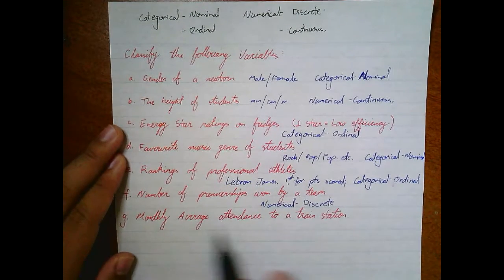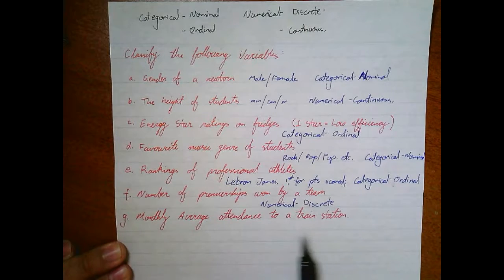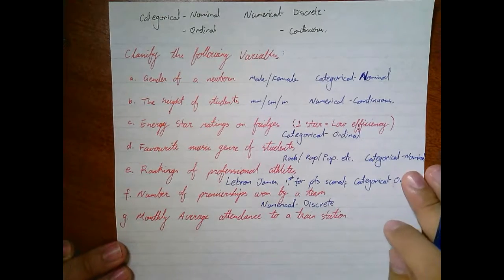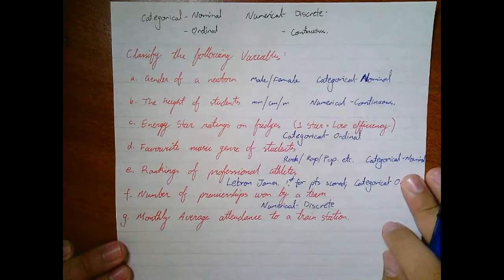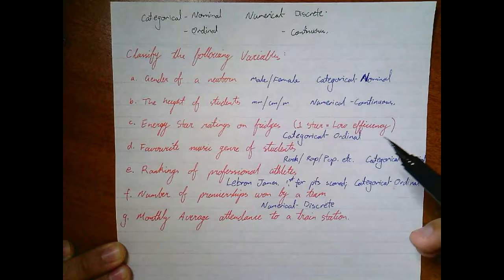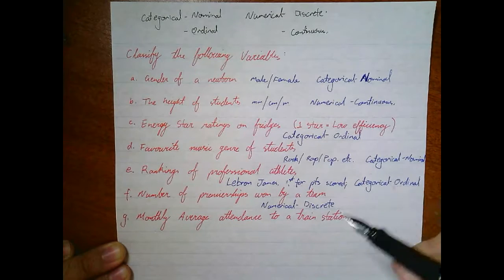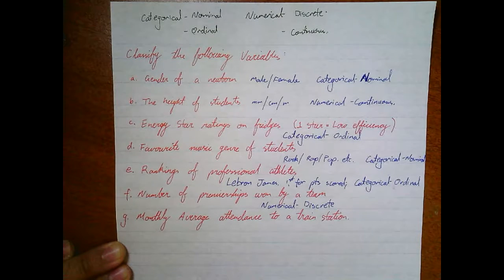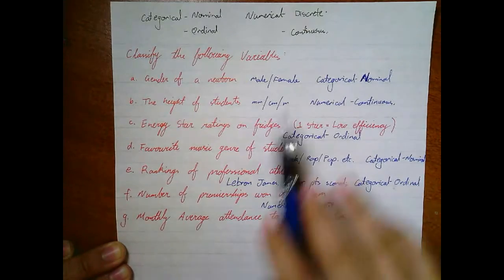And here's where it gets a little tricky. I put this in here to really trick us. The monthly average attendance to a train station. So the people that go to a train station. The average, in case you don't know, is per day. Some days you might have 5, some days you might have 4, but on average we'll see how busy it is. So this clearly is dealing with a number, so it's numerical.